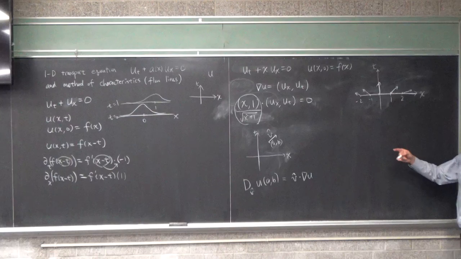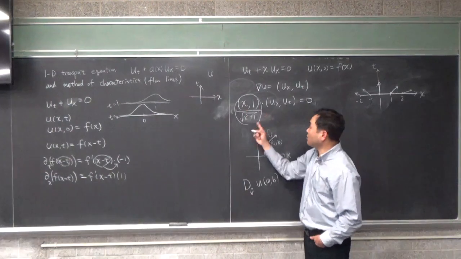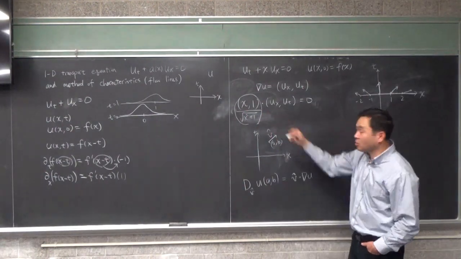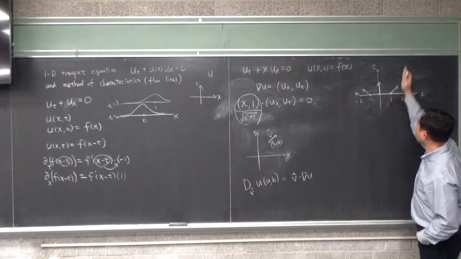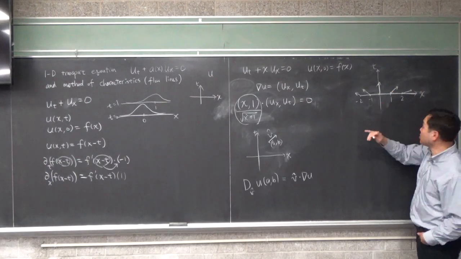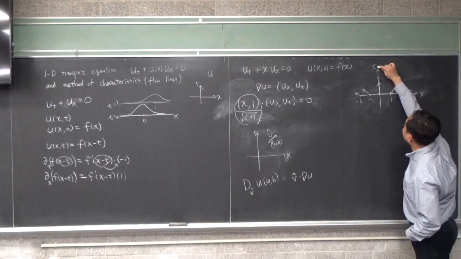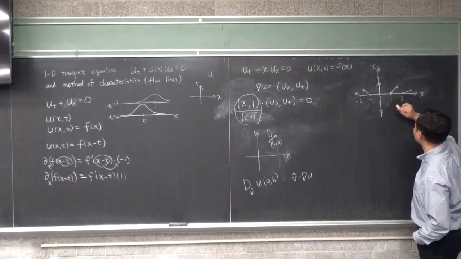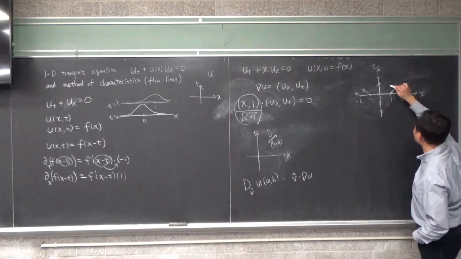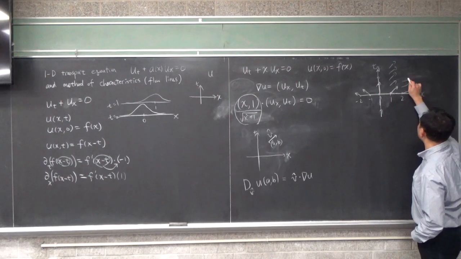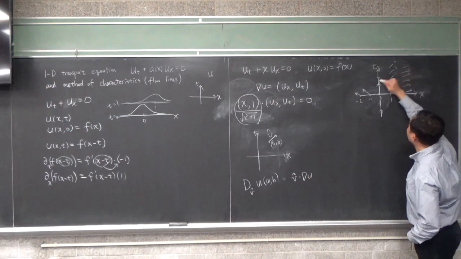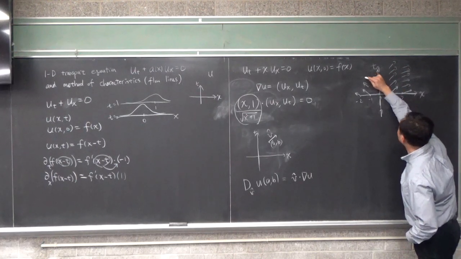And then because this vector doesn't change as you change t, and t is always 1, that means along the vertical lines, the vector direction doesn't change. So it's always this direction. Over this line, it's always that direction. This line would be always that direction. It would be always this.